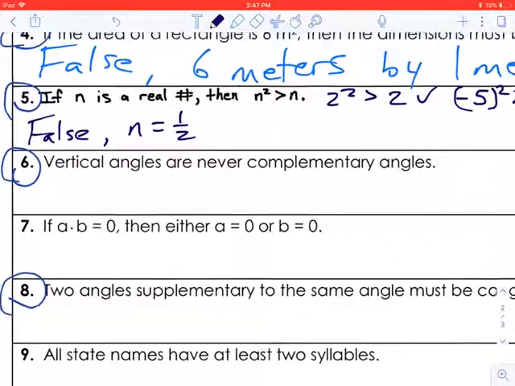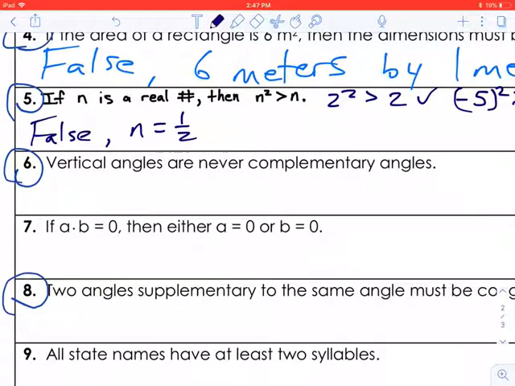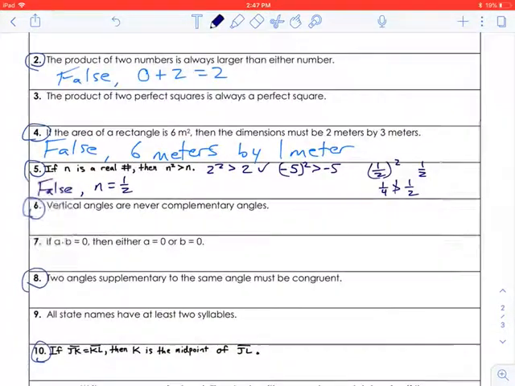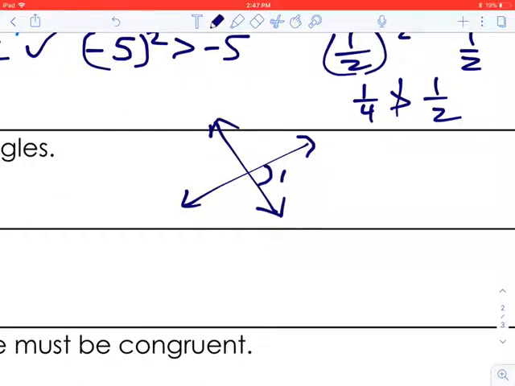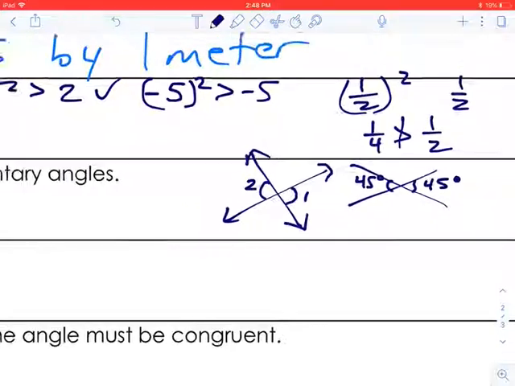Okay, so number 6, vertical angles are never complementary. Is that true? Well, if you remember, vertical angles are the opposites, like this, angle 1 and angle 2. Now, to be complementary, they have to add up to 90. Well, couldn't I have two angles that equal 45 degrees here and 45 degrees here?